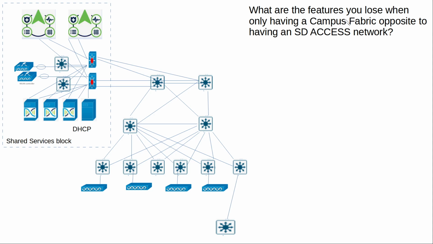What are the features that you lose when only having a campus fabric as opposed to having an SD-Access network? As we just said, you can have just a campus fabric if you have an underlay and an overlay working on your network. But if you add the Cisco Catalyst Center, formerly known as DNA Center, you make your network become an SD-Access network, and you are going to lose features if you don't have that.